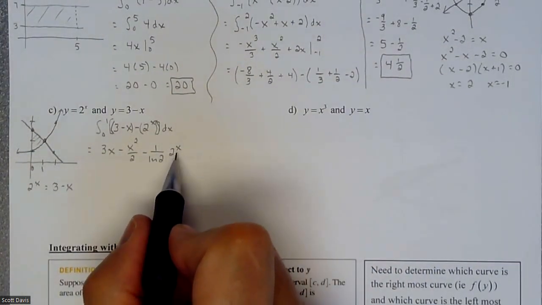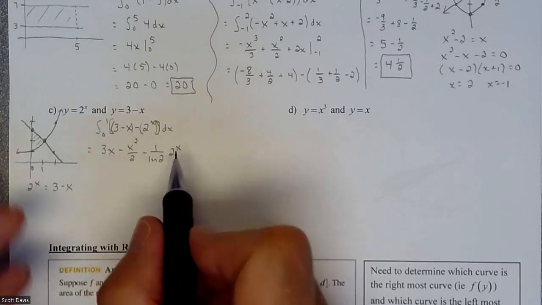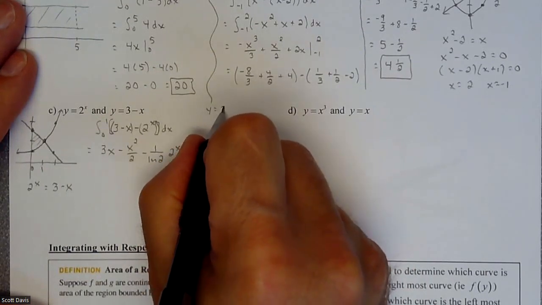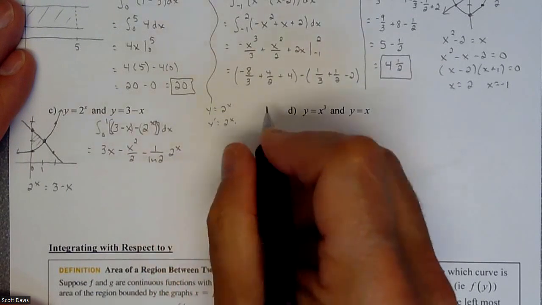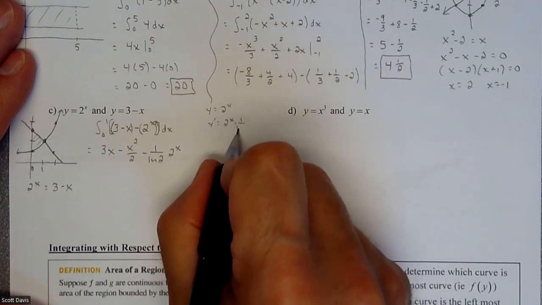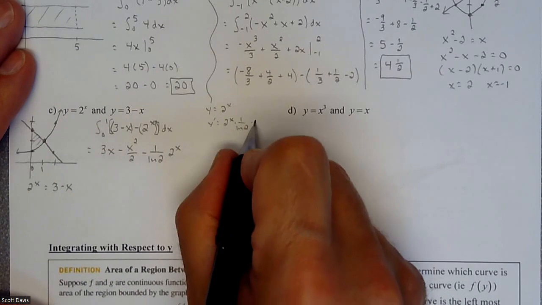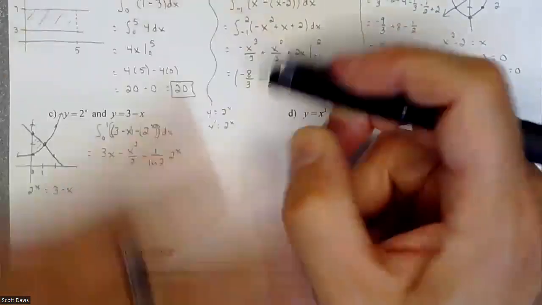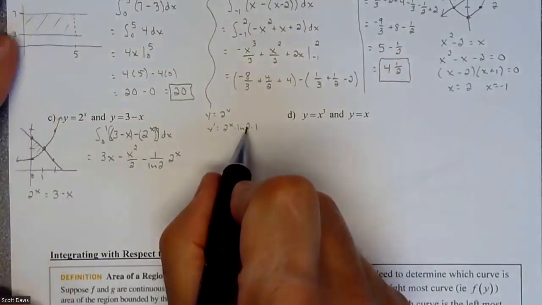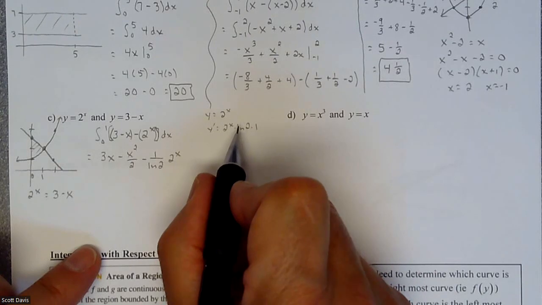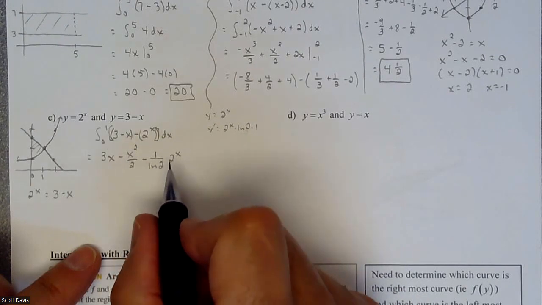Because if you do the derivative of 2 to the x, it is itself times the natural log of the base times the derivative of the exponent, which is just a 1. Nope, sorry, it's not divided by, it's times the natural log of 2. So we need to undo that piece when we're doing the antiderivative, because if we do the derivative, we would have this piece. So we need to divide to undo it.